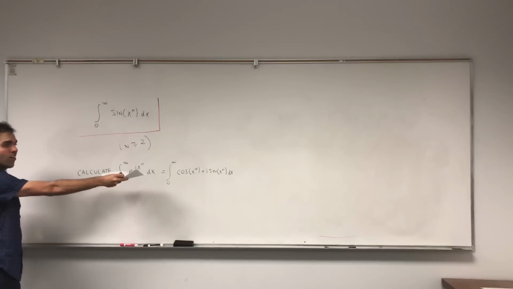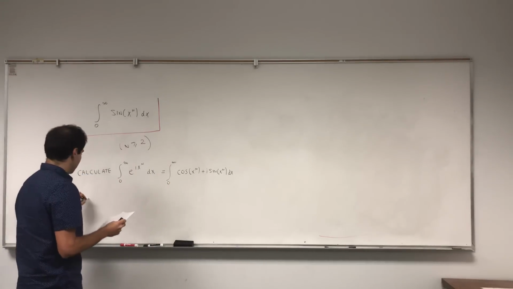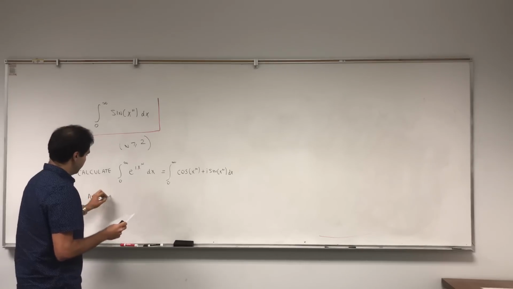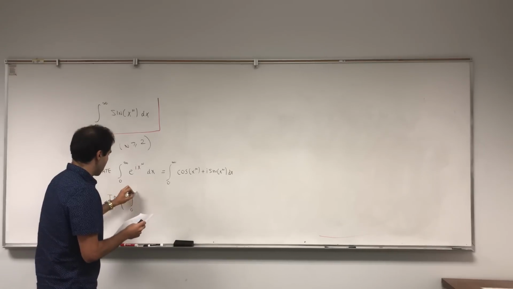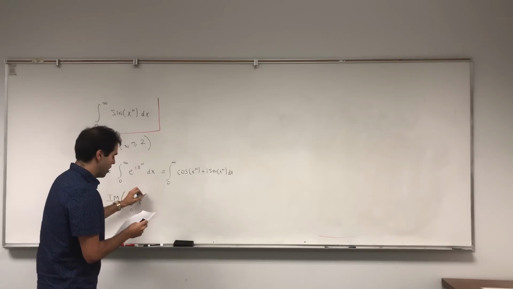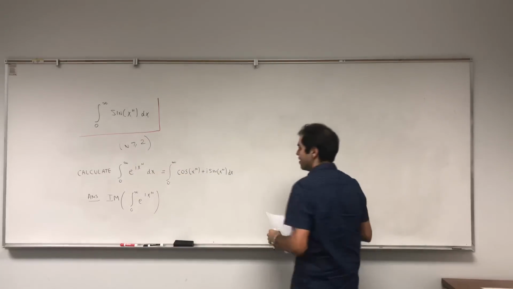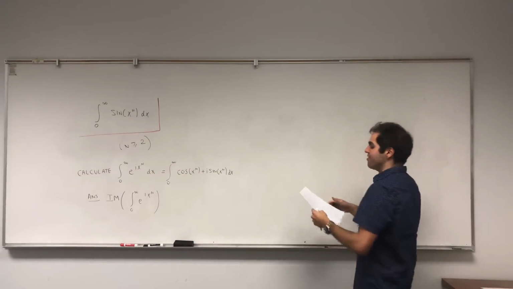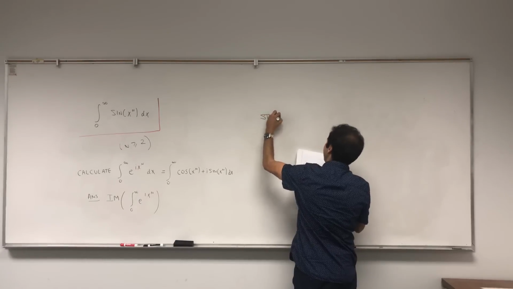And what is then our answer? Our answer will just be the imaginary part of this. So whatever answer we find, just take the imaginary part. Alright, that was the very first step, so that was like step 0. Now step 1.